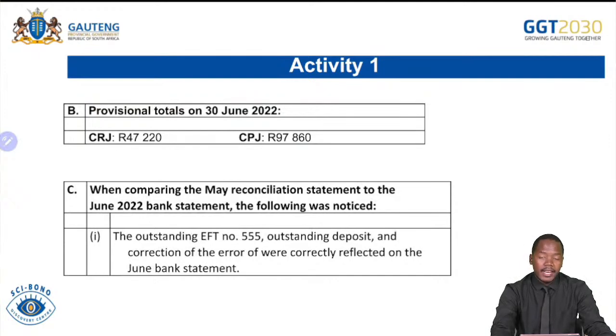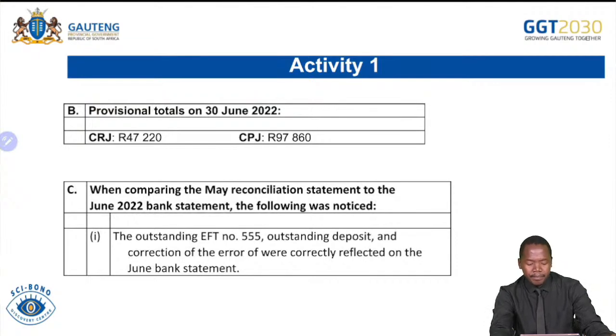Now, let's read together, grade 12s. The first point is saying the outstanding EFT number 555, outstanding deposit, and the correction of error were correctly reflected on the June bank statement.